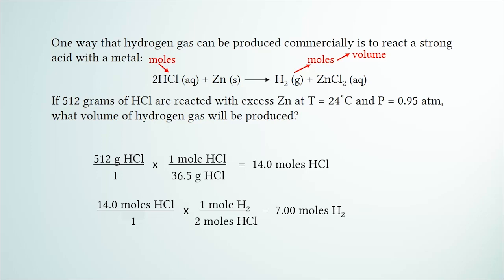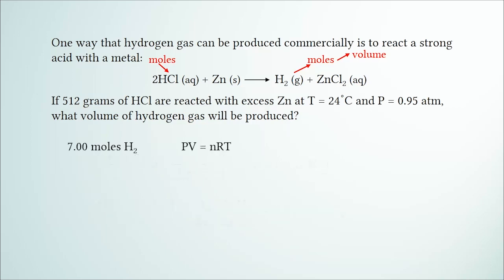Our problem asks us for volume of hydrogen gas. We're given the temperature, pressure, and have moles, so we can calculate the volume with the ideal gas law. Let's rearrange the equation to solve for volume, and we have V equals nRT divided by P. Now before we plug in our values, let's make sure we have the proper units.